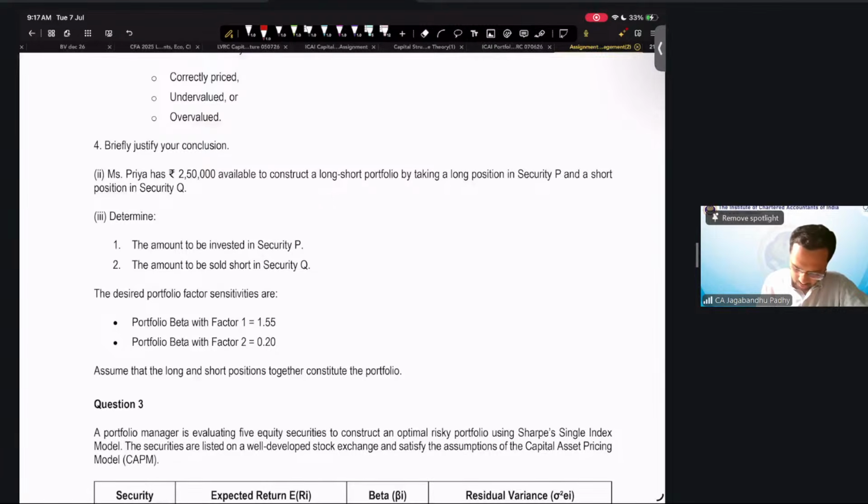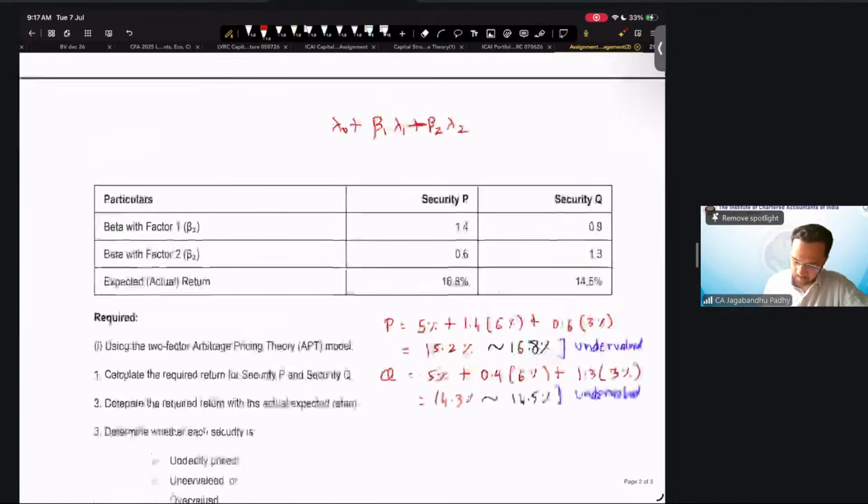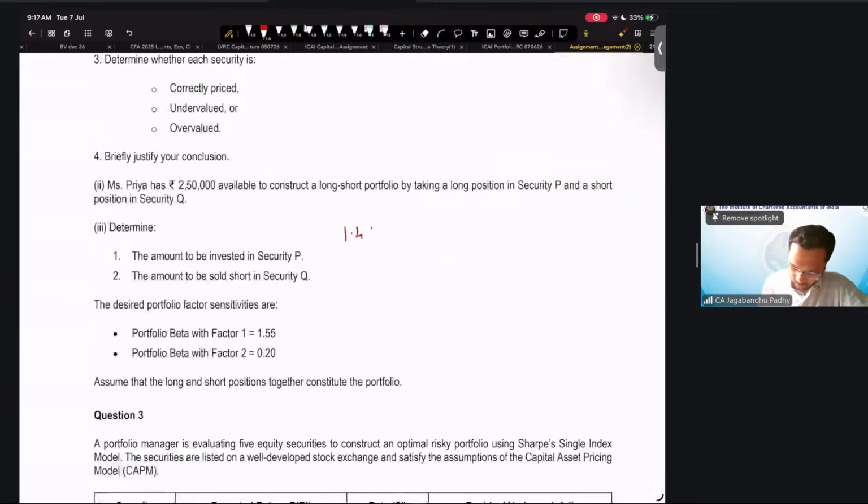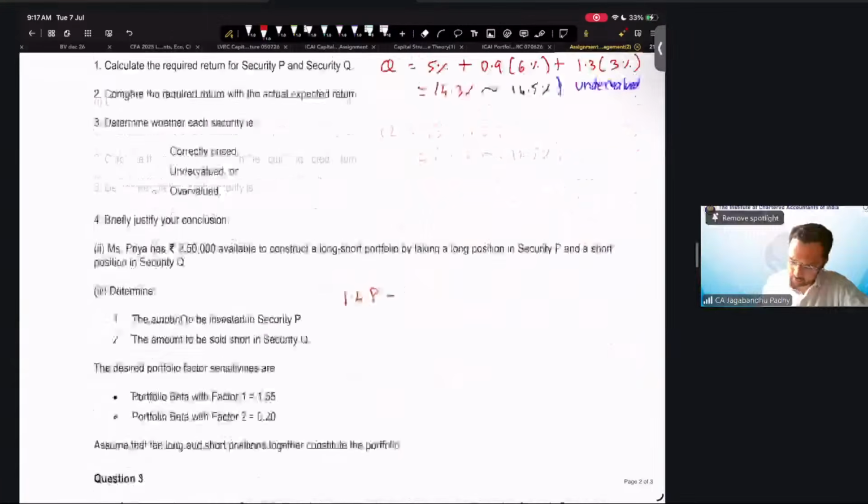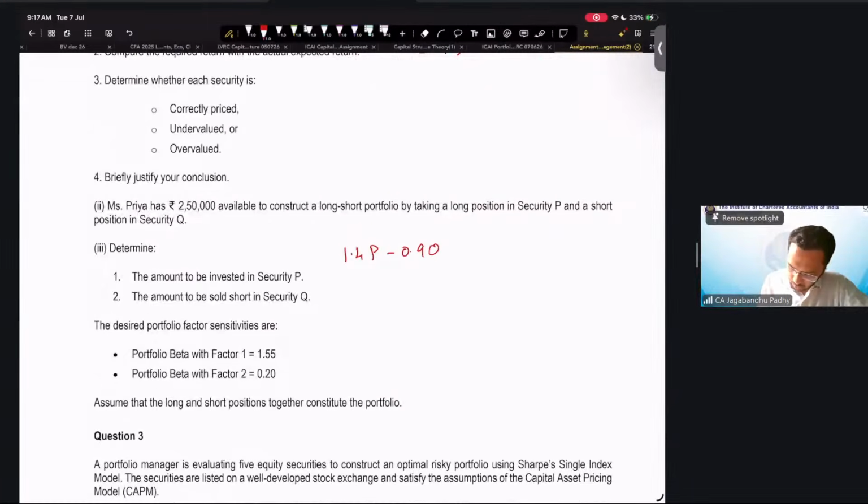So we'll say 1.4 of P minus 0.9 of Q should be equal to 1.55 times 2,50,000.